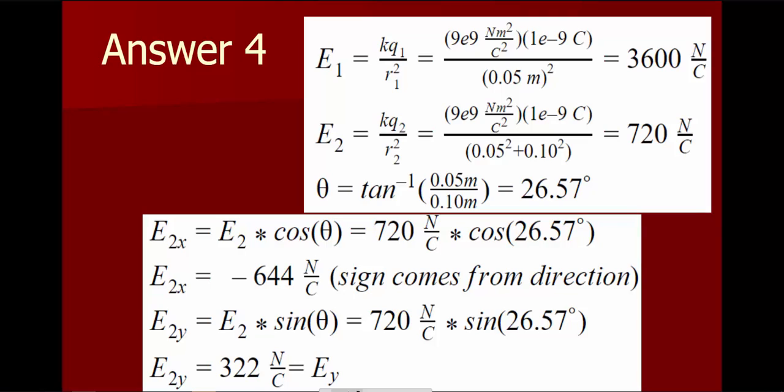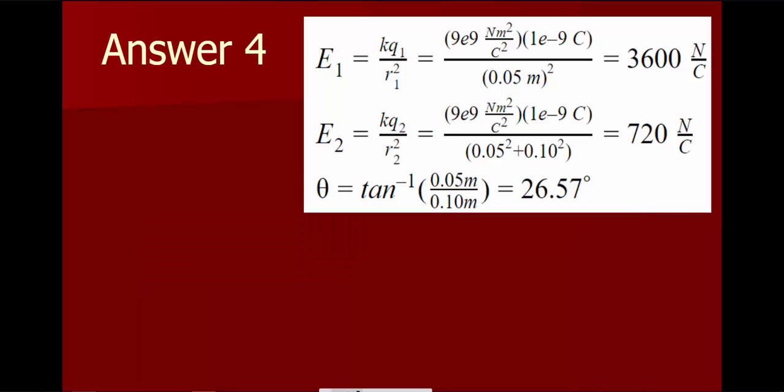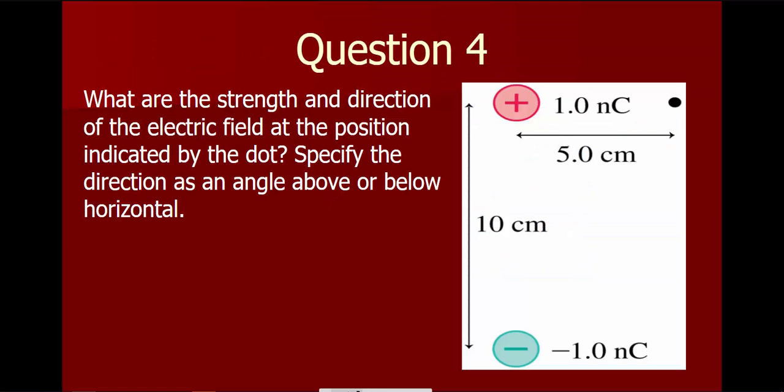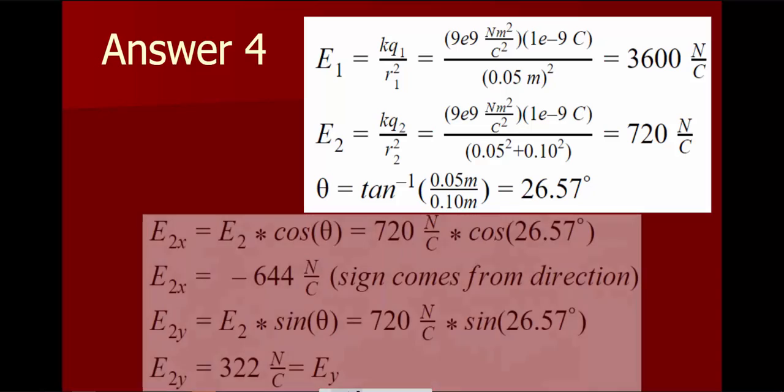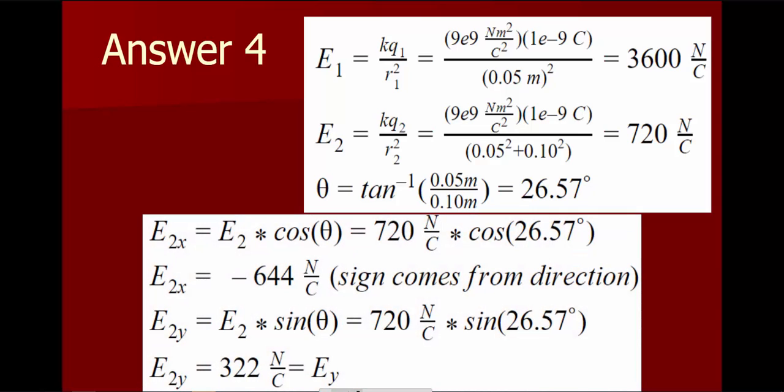Did I mess up there? It should give us a different angle, which is fine.